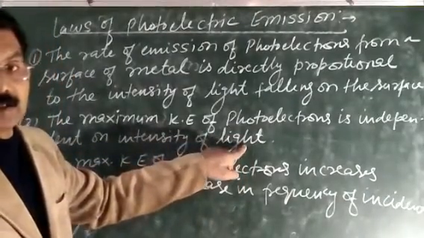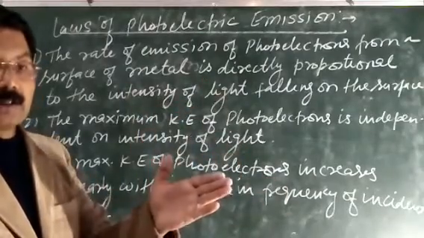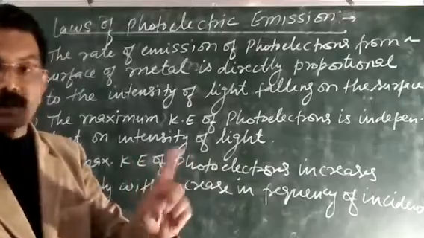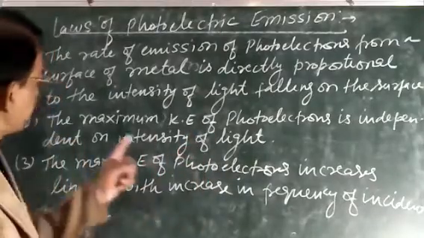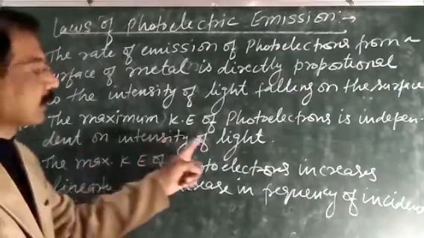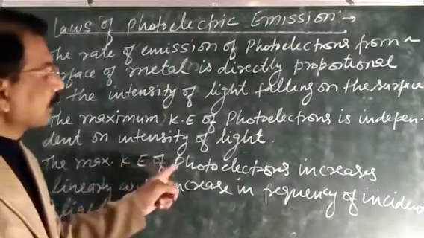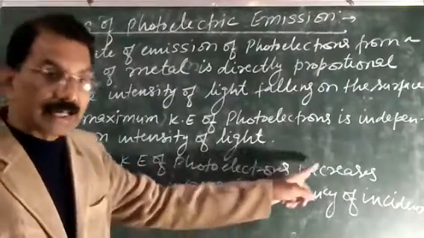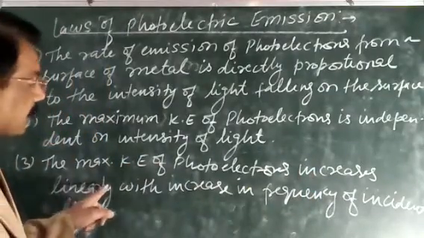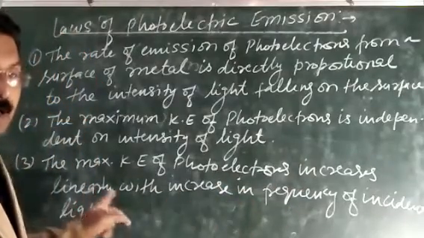I told you that on increasing the intensity of light the rate of emission increases, but the kinetic energy of the emitted electrons does not increase. So the second law: the maximum kinetic energy of the photoelectrons is independent of the intensity of light. Third one, the maximum kinetic energy of the photoelectrons increases linearly with increase in the frequency of incident light.